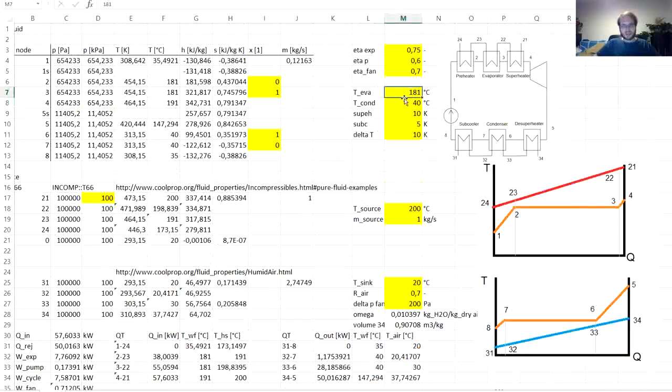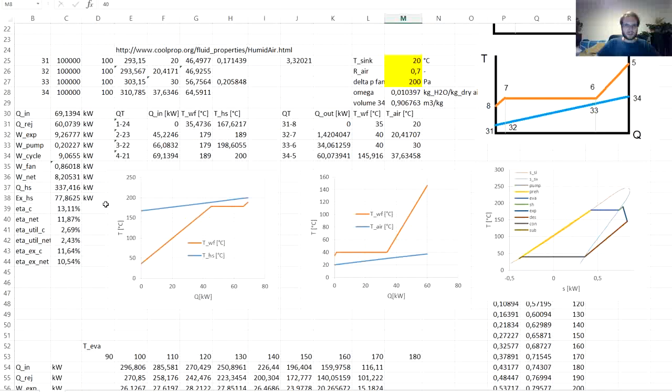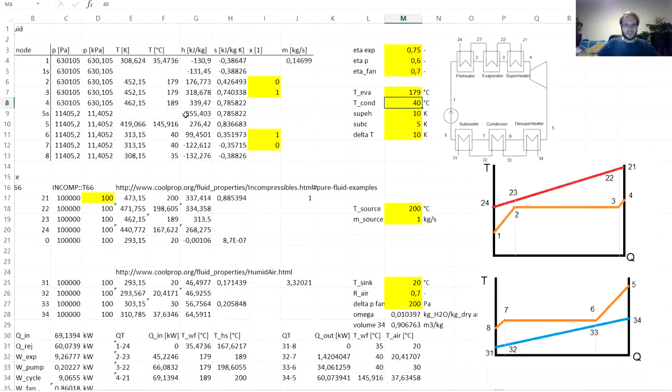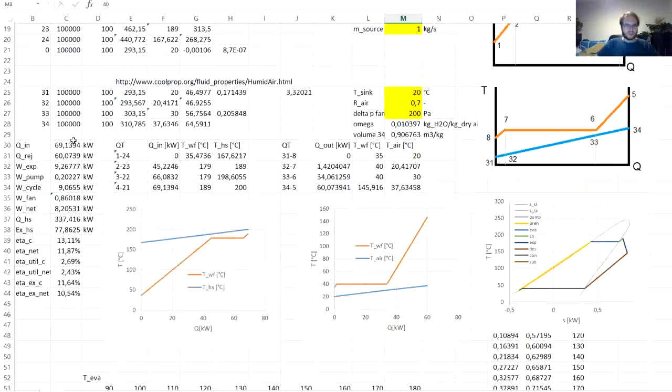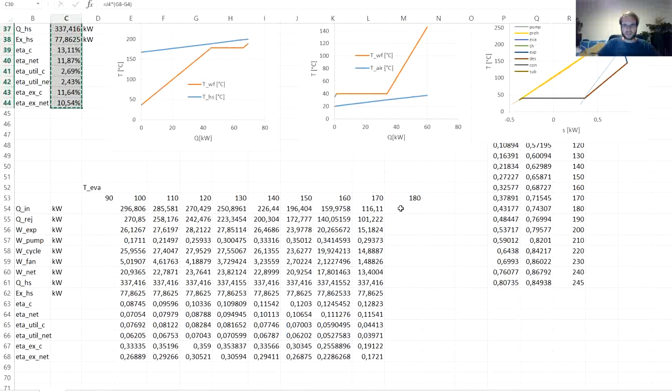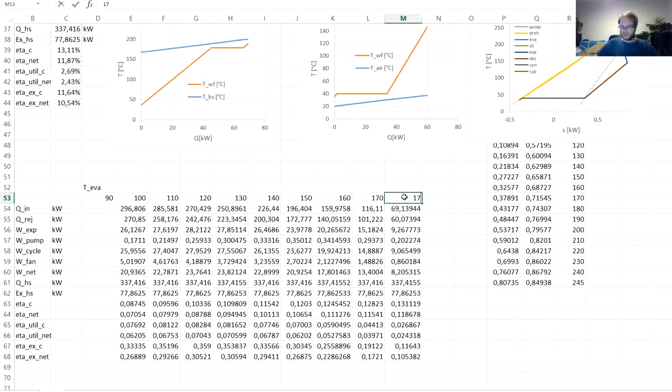So this case would not be possible, but 179 would be okay. And 180 degrees C is basically a limiting case within our boundary conditions for this system. So here is 179.